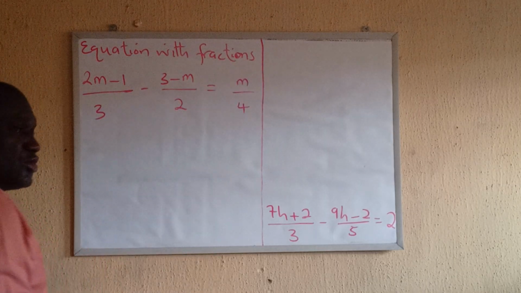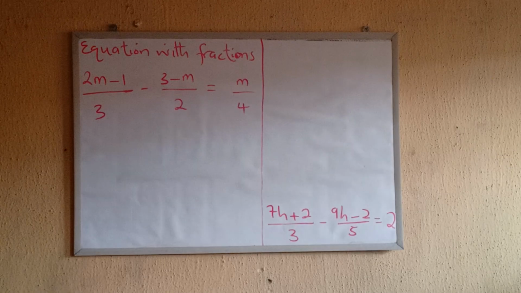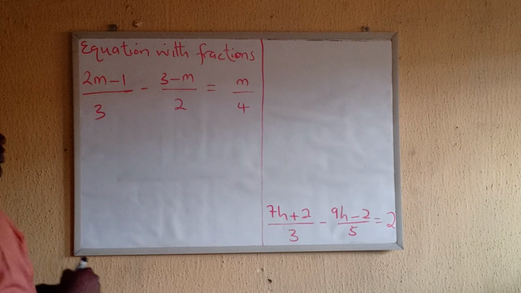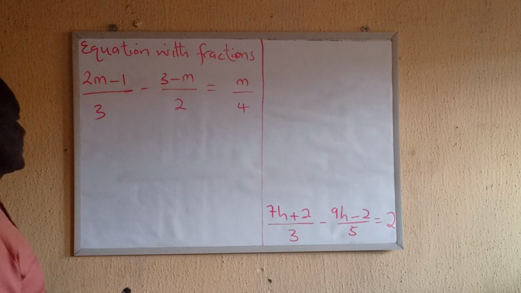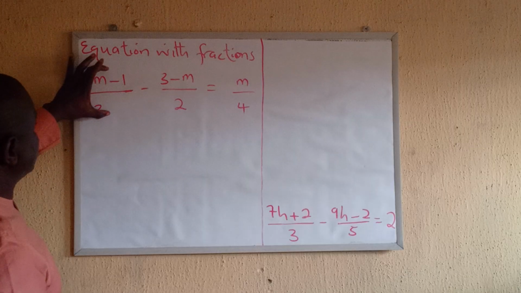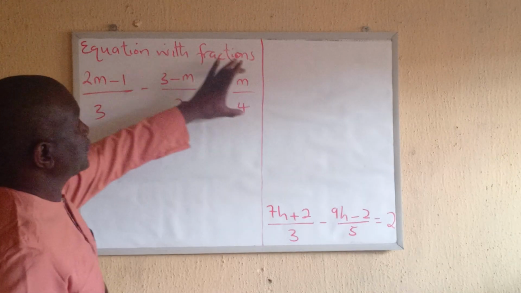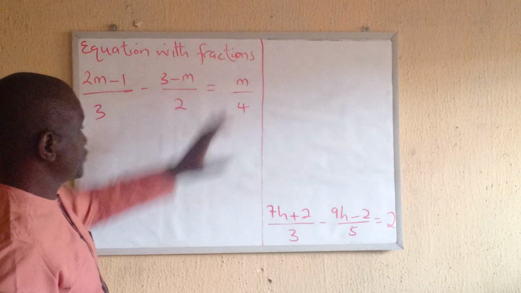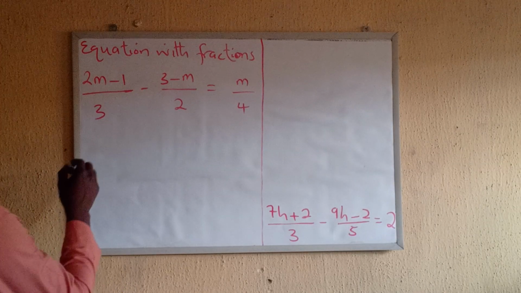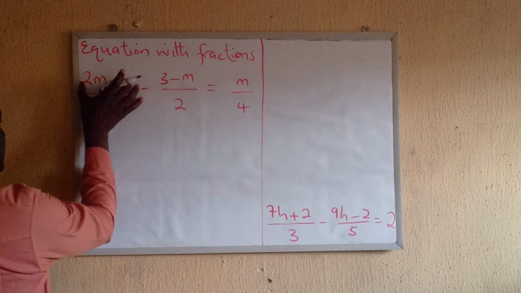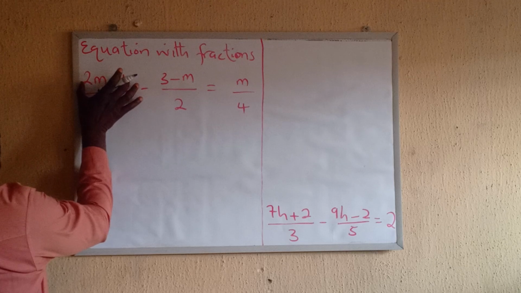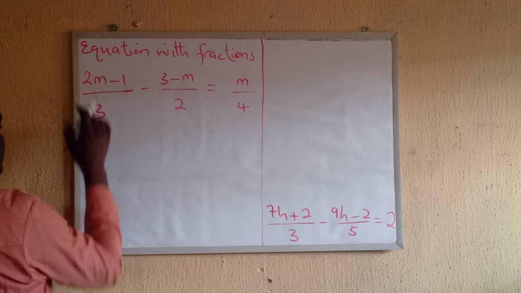So when we are saying multiply both sides by the LCM, which is 12, we are referring to multiplying this term by 12, multiplying this term by 12, which are on the left, and also multiplying this term by 12, which is on the right. Because the 12 is multiplying 2 terms here, we have to put it in bracket.